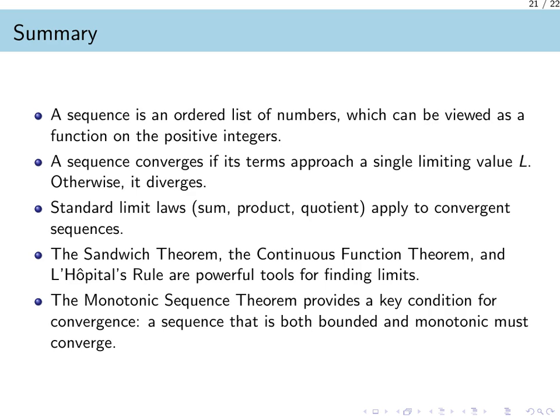For more challenging cases, we developed a powerful toolkit. This includes the sandwich theorem for trapping a sequence, the continuous function theorem for applying functions to limits, and the use of L'Hopital's rule. Finally, we have the monotonic sequence theorem. This is a crucial result which guarantees that a sequence must converge if it is both bounded and monotonic, meaning it is consistently increasing or decreasing. These concepts are the foundation for our next topic, infinite series.